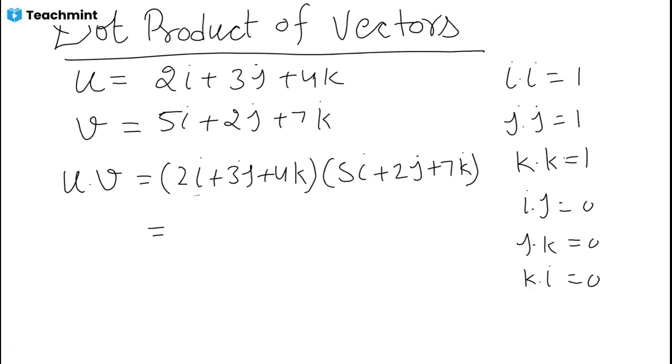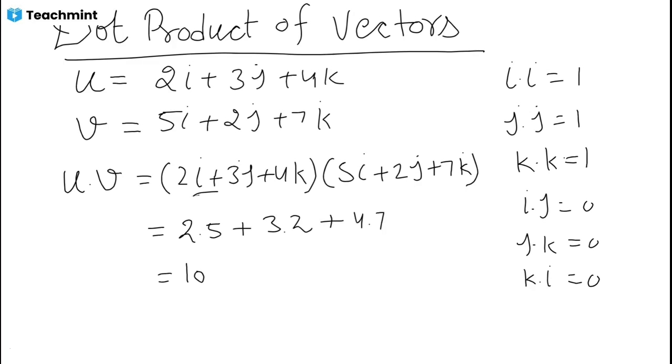So we have 2 into 5. Because we have i dot i, we get 1 here, so no need to write i square. Are you getting it? Yes, ma'am. So multiply 2 into 5, or you can use a dot also: 2 dot 5 plus 3 dot 2 plus 4 dot 7.